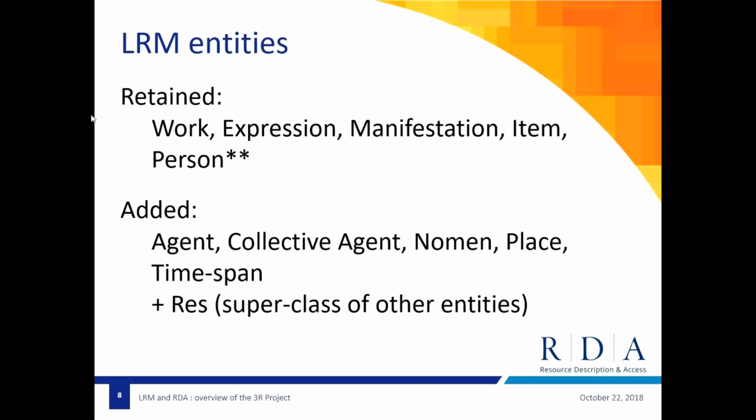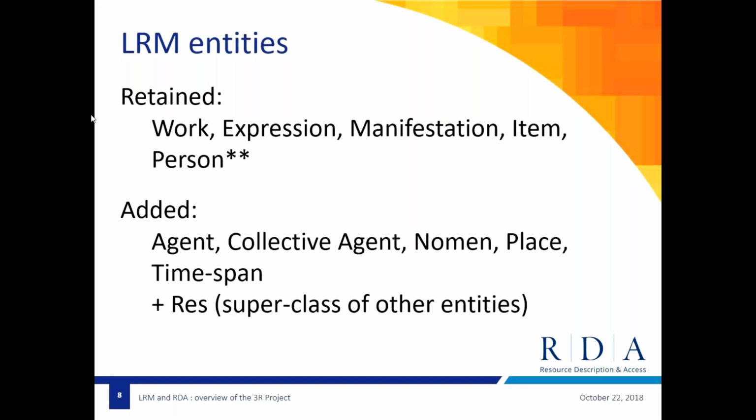It also includes another strange entity which people often misinterpret, called Res, which is the Latin for thing. And this entity is a superclass of all other entities. It actually stands for anything at all you want. It's not very good if you're trying to be more precise with an application, but it's not intended to be used directly in applications.